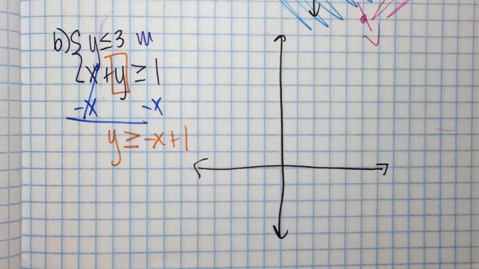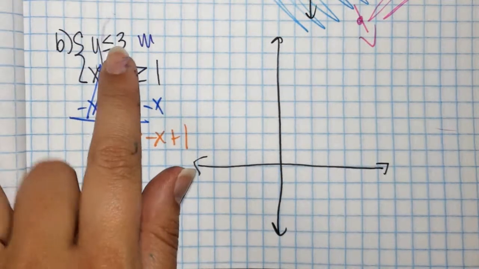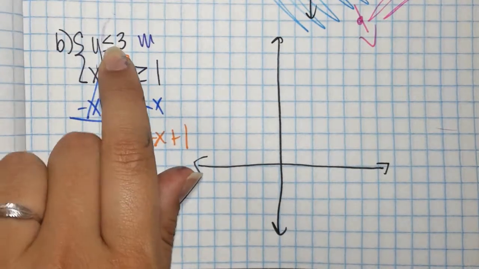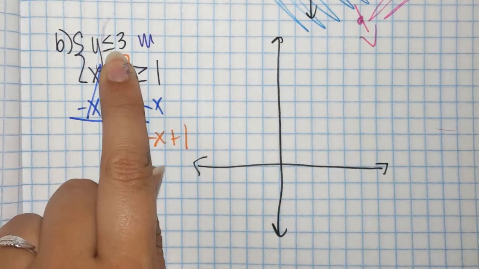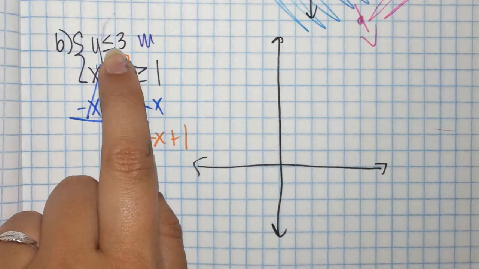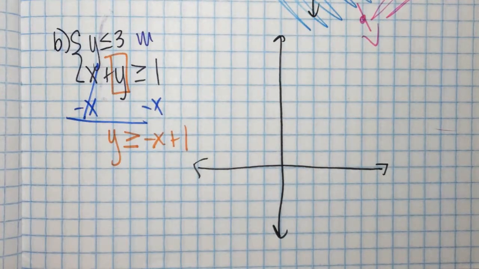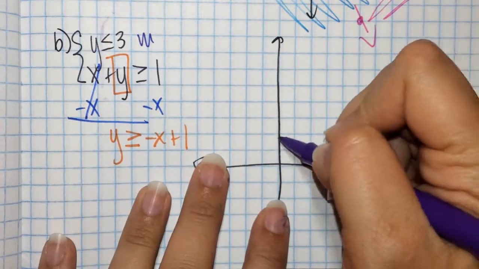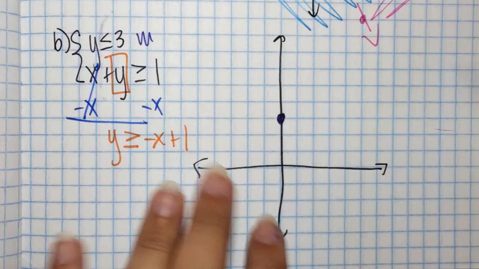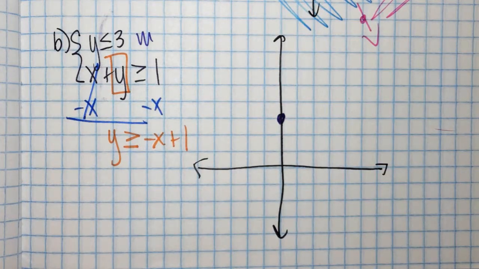Hey self, does that first inequality have an x in it? No. This does not have an x in it, so that means it cannot touch the x-axis. That means it can only go through which axis? The y-axis. So I'm going to go up 1, 2, 3 on the y-axis.